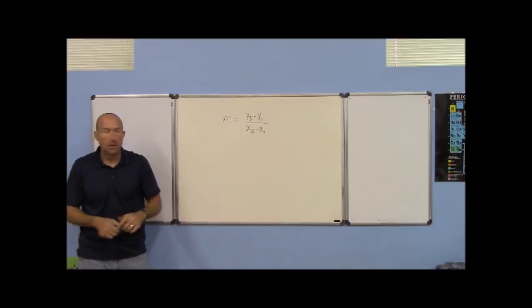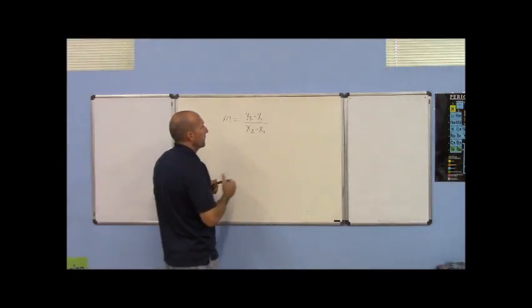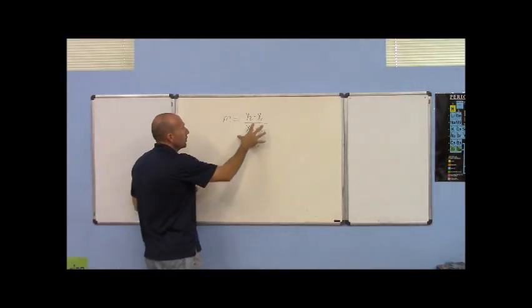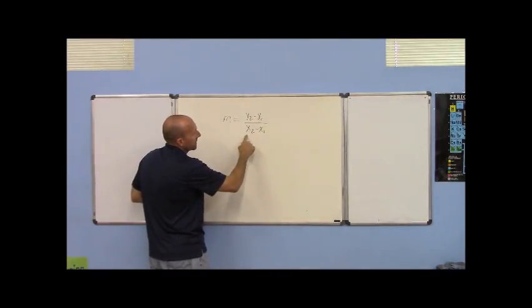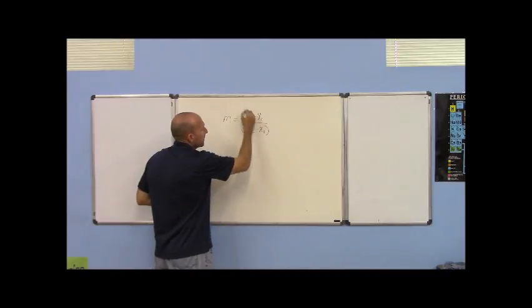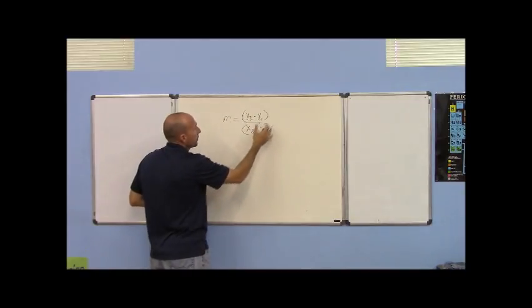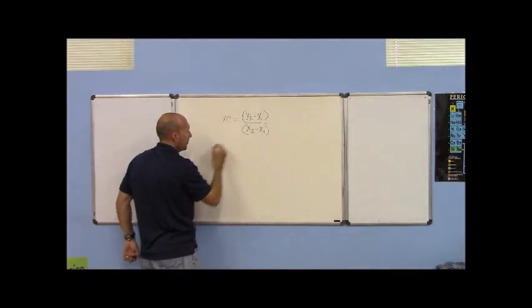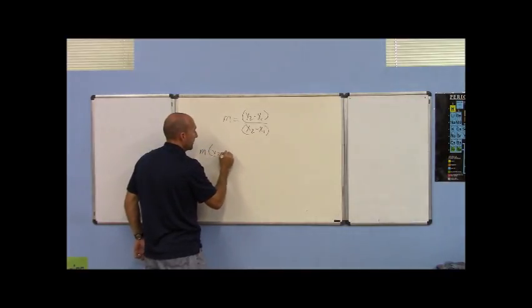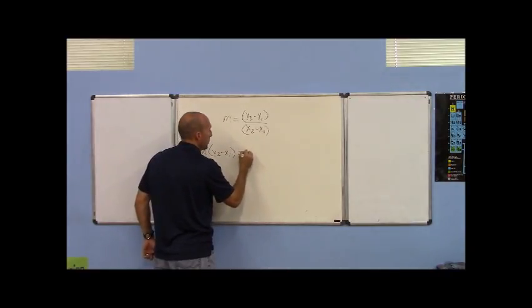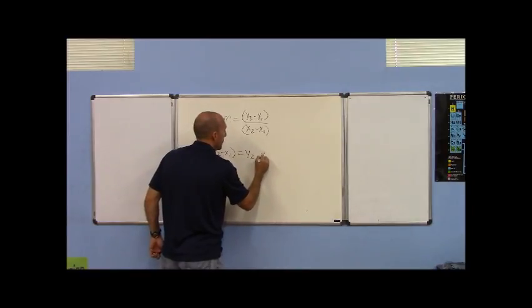Does that make sense? So now we have to multiply both sides to where you have m times x2 minus x1 equals y2 minus y1.